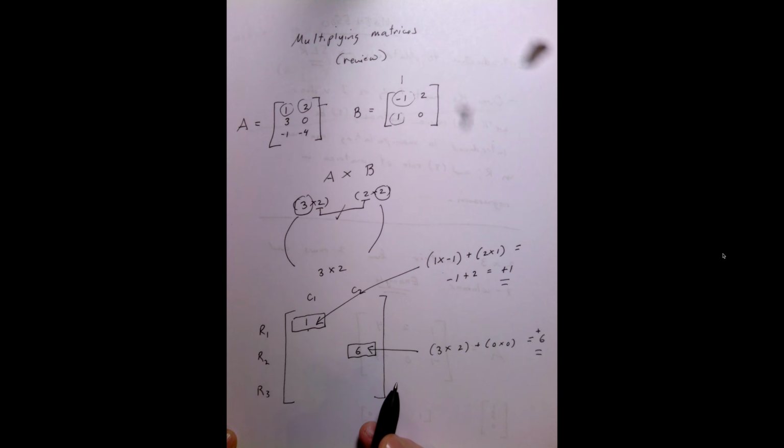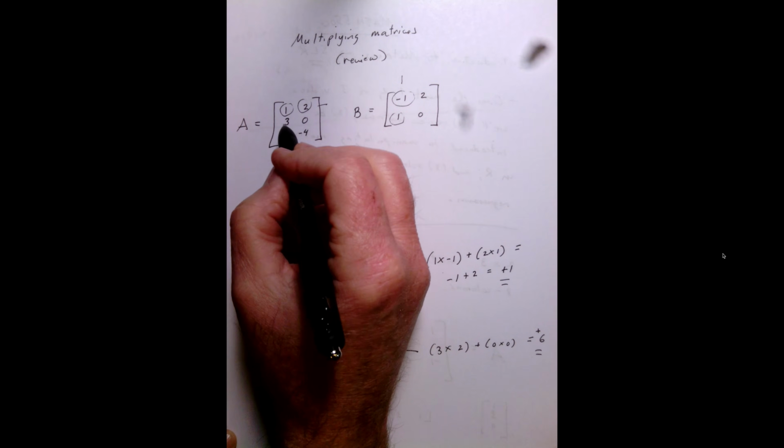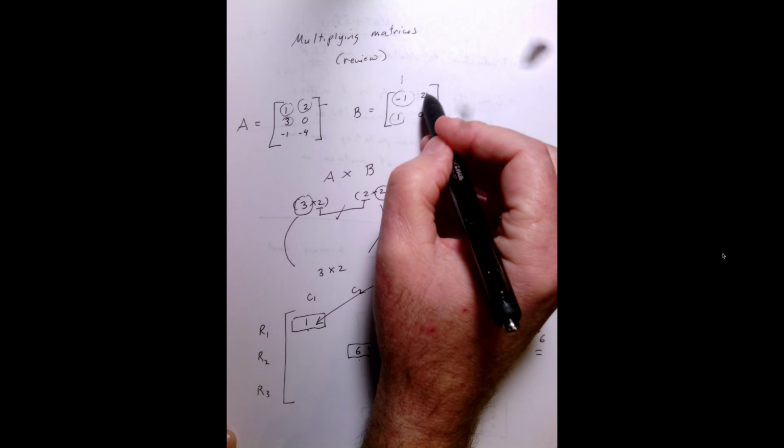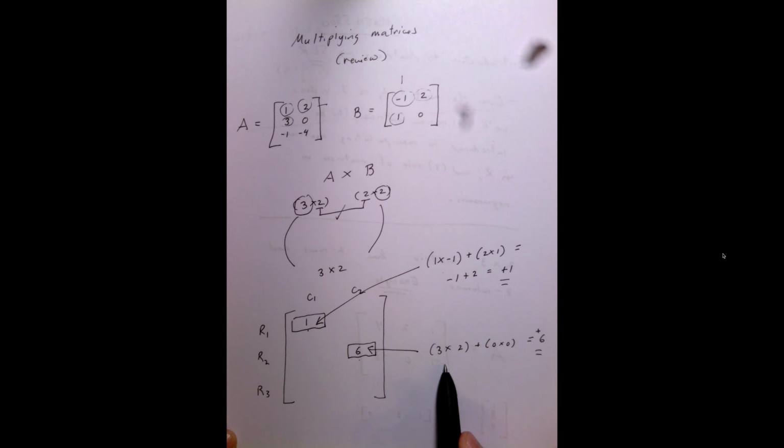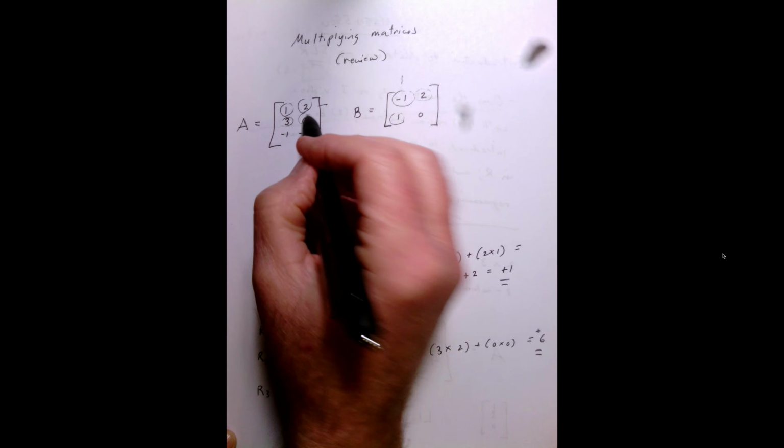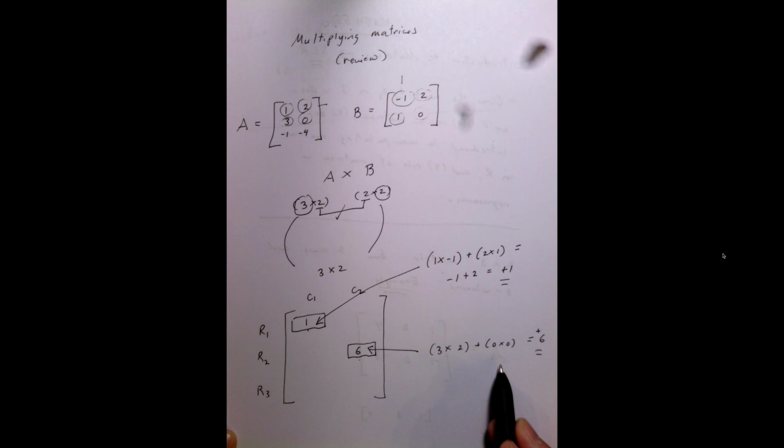That's the way that entry is defined. This entry, on the other hand, looks at the linear combination of row 2 with column 2. So if I look at row 2 with column 2, I have 3 times 2 is 6, and I have 0 times 0 is 0. So 6 plus 0 gives me 6 for that entry.